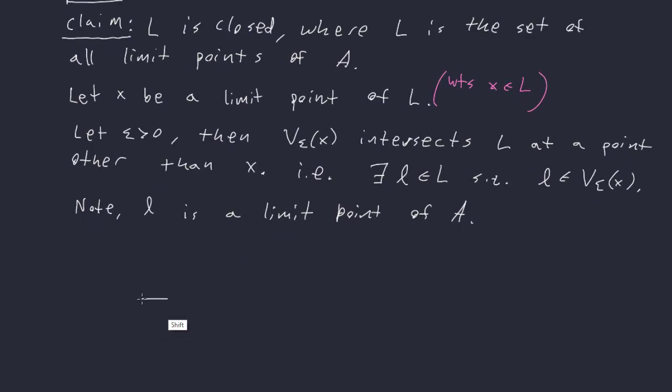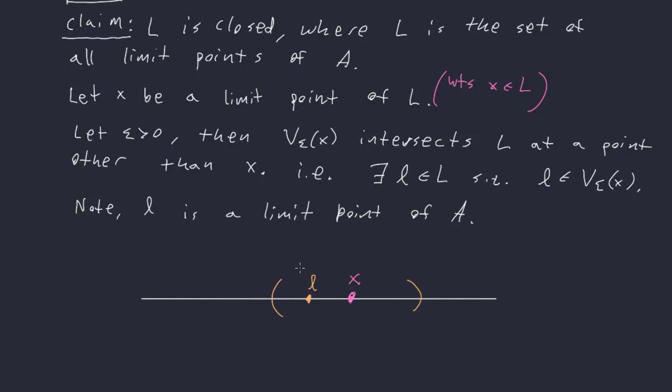If I look at, say, a number line, and let's say this is X, and since it's a limit point of L, I know for any epsilon neighborhood there's going to be an l here.